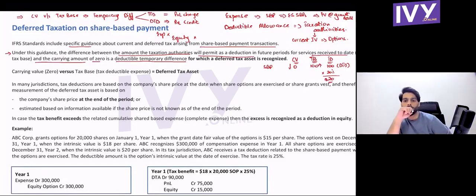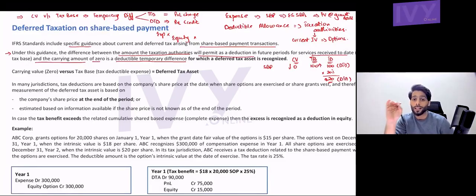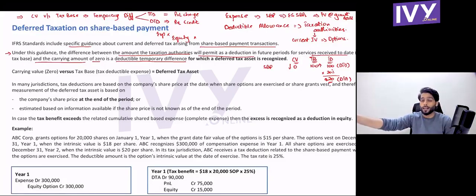Make sense? Now, in the case of equity settled share-based payments, our carrying value is zero. For example, expense debit, equity credit. There is no asset or liability, so the carrying value of asset or liability would be zero because no asset or liability has been recognized in this accounting entry.